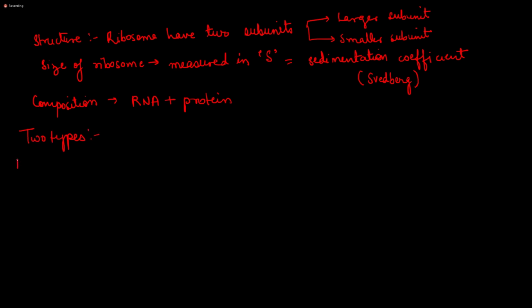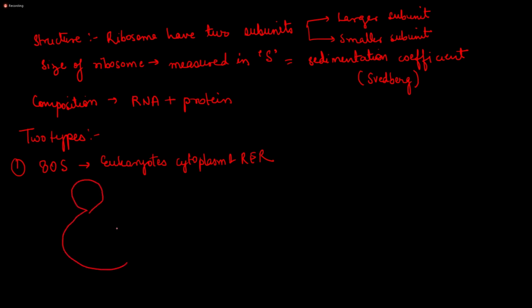The first is 80S. The 80S is present in the eukaryotic cell cytoplasm and rough endoplasmic reticulum. If you draw the structure, it will look something like this.